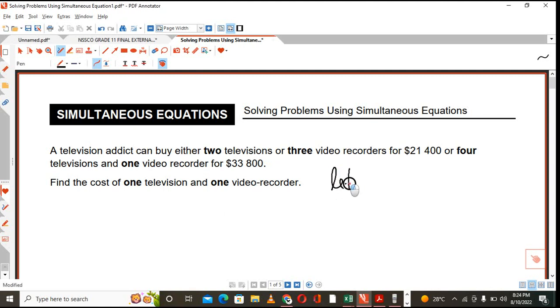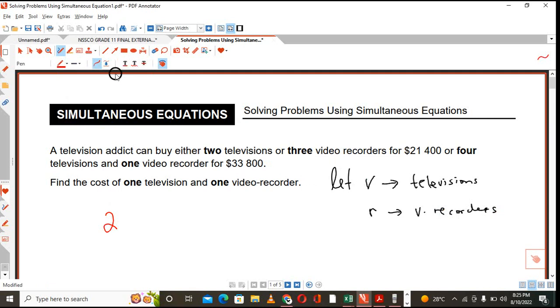Okay, so let's say let V be the televisions, and let R be the video recorders, because you must always choose some variables that you're going to work with. Then we're going to create two equations.